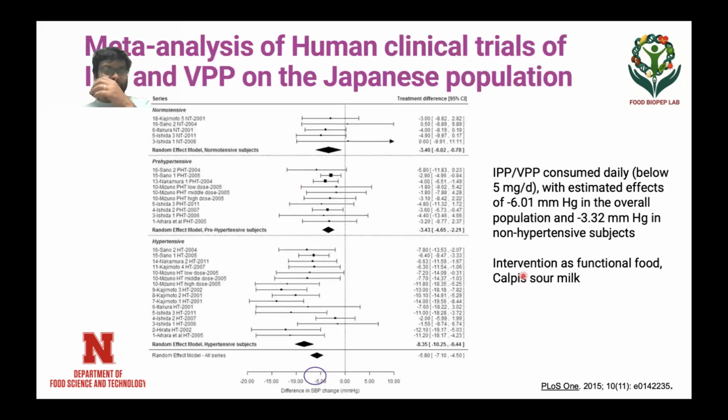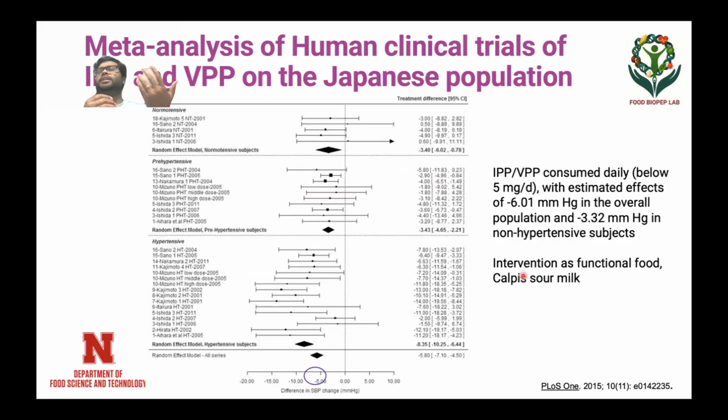Now, people have done different kinds of human clinical studies, as it was first identified in Japan. In Japan there were a lot of studies, like human clinical trials, done with IPP and VPP. Personally, when I was in Japan, I actually tasted this Calpis sour milk. It's a bit sour, but it's pretty nice to drink.